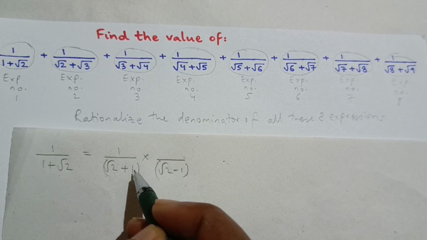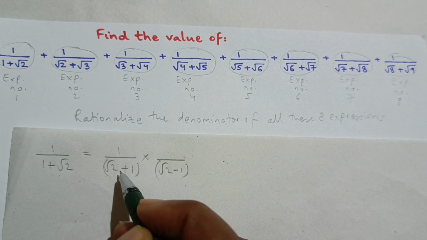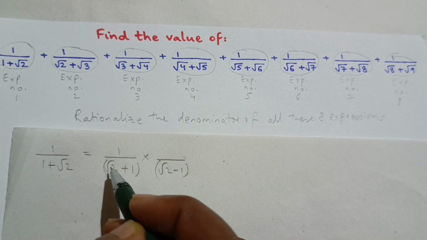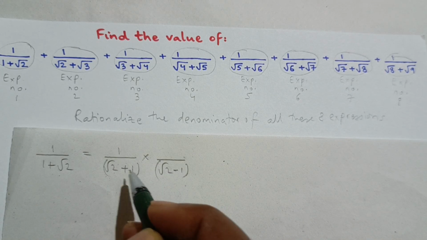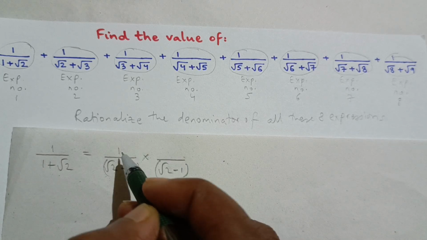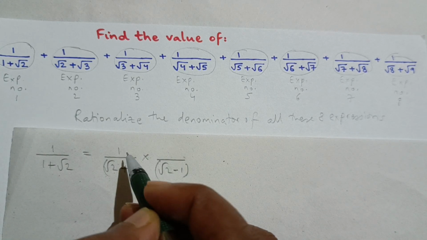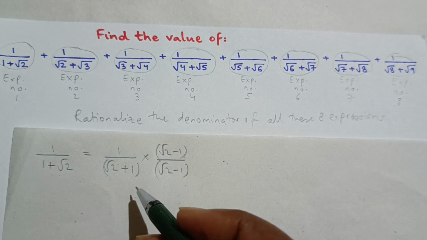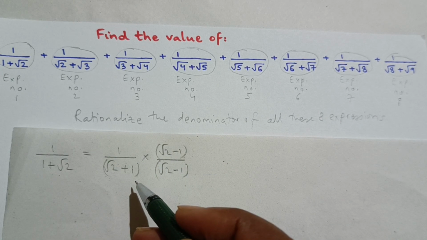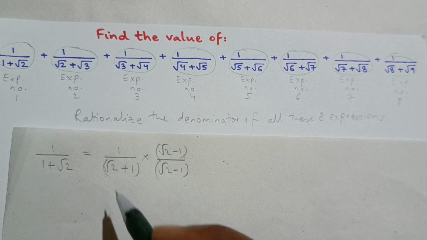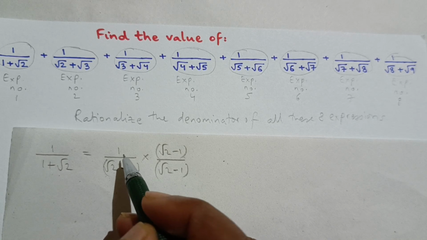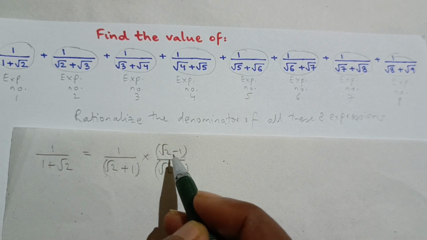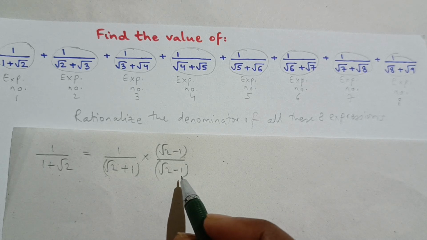Since I am multiplying the denominator with square root of 2 minus 1, I will have to multiply the numerator also with square root of 2 minus 1, so that the value doesn't change and the original expression remains the same. So 1 upon square root of 2 plus 1 is multiplied by square root of 2 minus 1 upon square root of 2 minus 1.